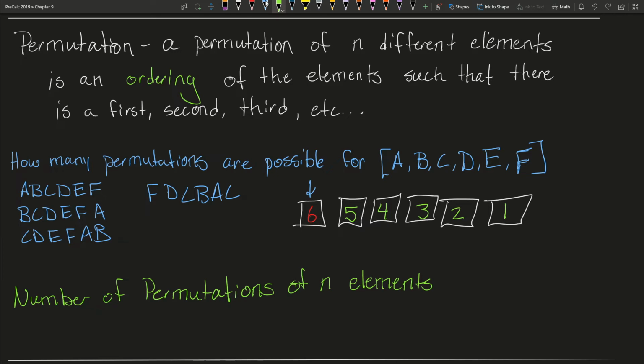So if we multiply all those together, this looks a whole lot like 6 factorial. If we do that math, we get 720 different orders. Okay, so I want to pause there real quick. Does that make sense?